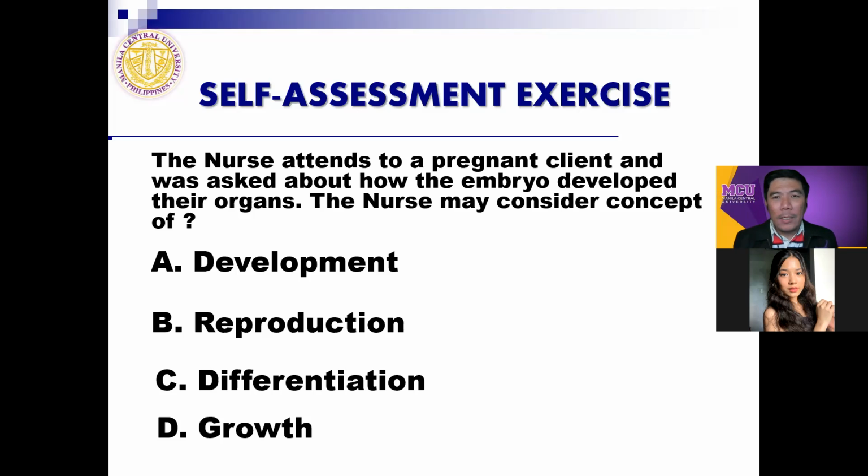The other one is how the zygote or the embryo will consider generalized cells to specialized cells so that it will form the organs of the embryo to the fetus. The other one is we are talking about increase in size.